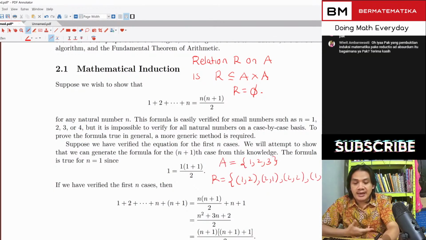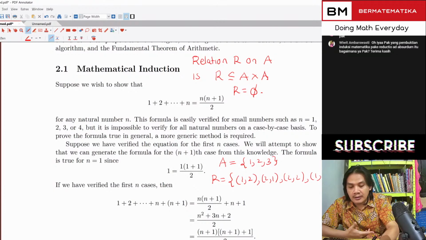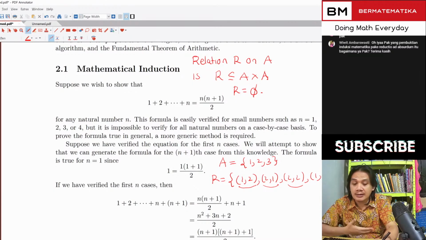So we can check that whenever, for example, this one is an element of R and that one is an element of R, then according to transitivity, (1, 2) and (2, 1) are in R, therefore (1, 1) is in R, right? So the transitivity and symmetric property of R is obvious from the definition of R itself.